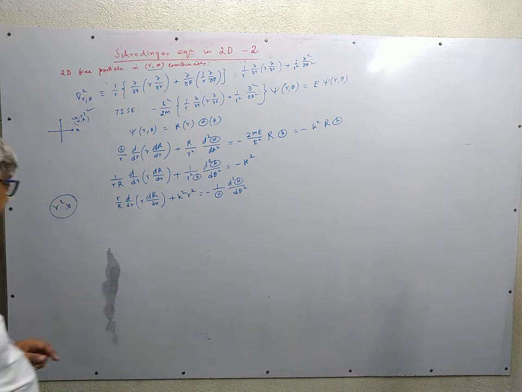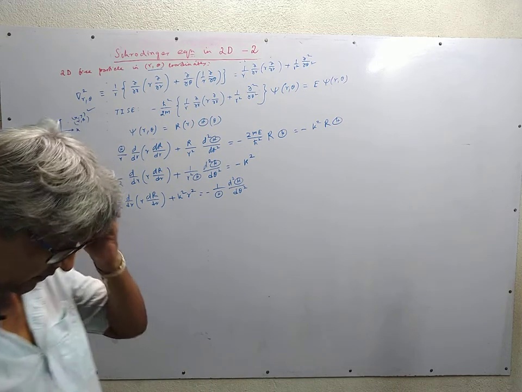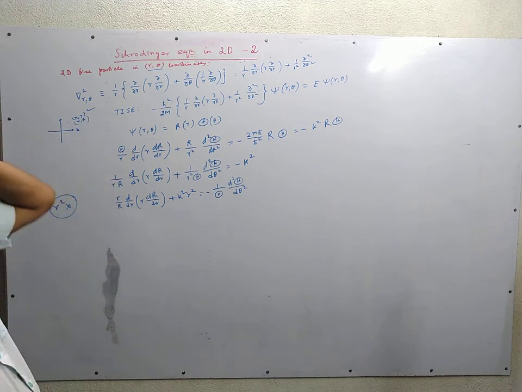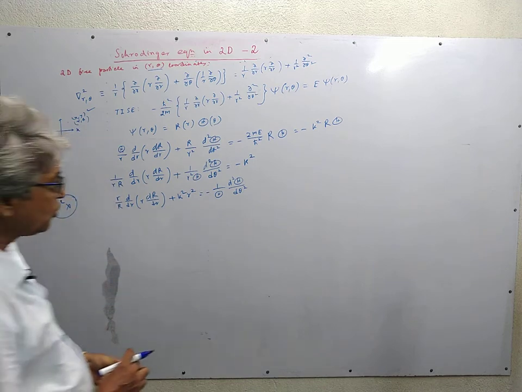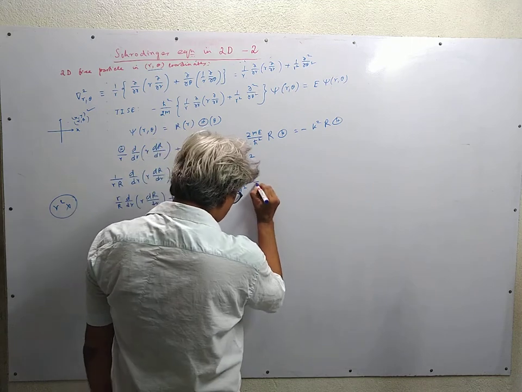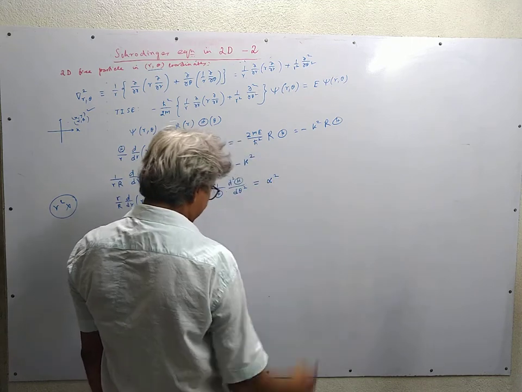So the left hand side is a function of r only, and the right hand side is a function of theta only. They are always equal, so we write it as the separation constant alpha.